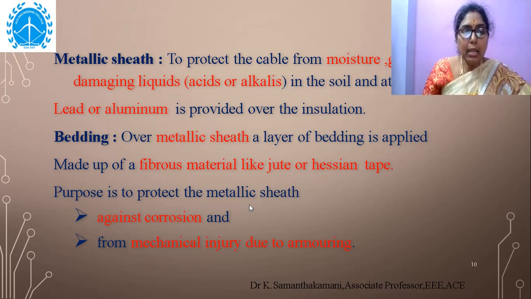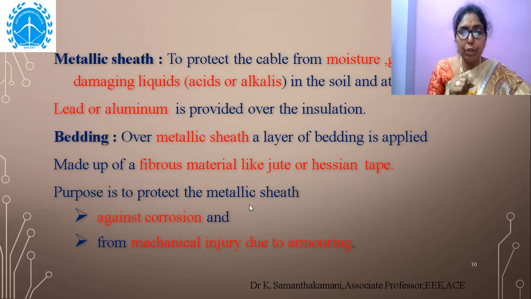Coming to the bedding, this is a layer kept over the metallic sheath. It is made with a fibrous material; generally jute is used, and hessian tape can also be used for this bedding purpose.